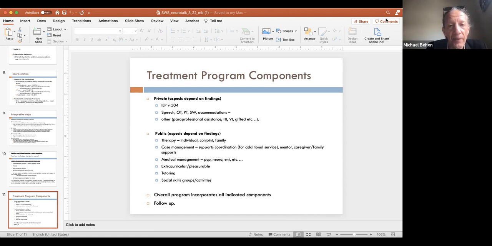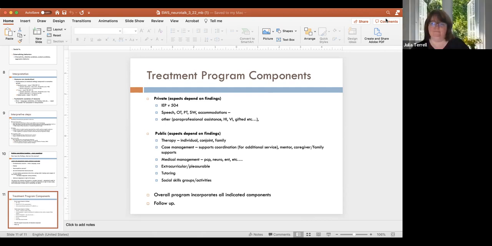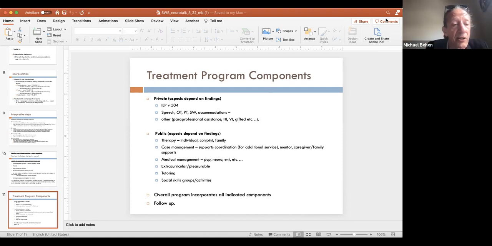I'm going to change the word neuropsych testing to evaluation, okay? If there's concern around a child's development, I think it's useful to talk about regardless of the age. For a child under 2, we're not going to get a full neurocognitive battery, but you know what we can get?